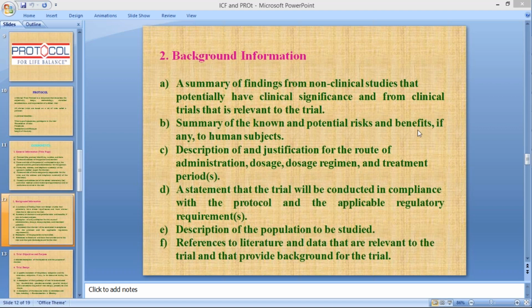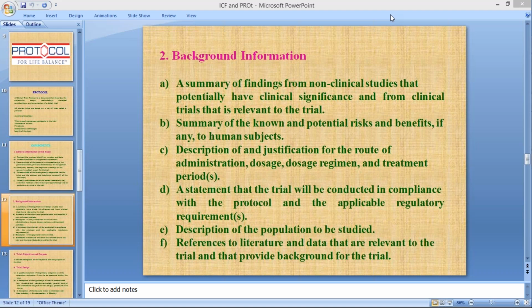Background information. Background information will even include the summary of known potential risks and benefits, if any, to human subjects, justification, route of administration, dose, regimen.